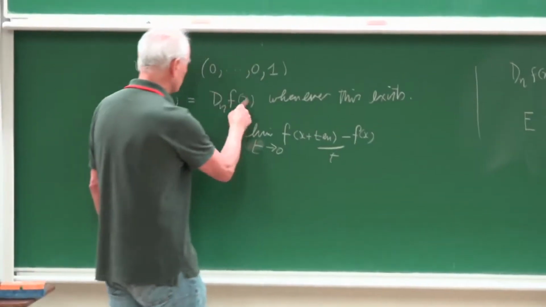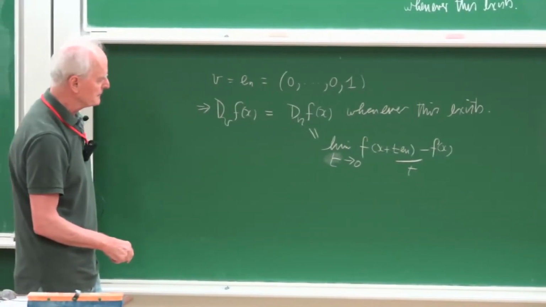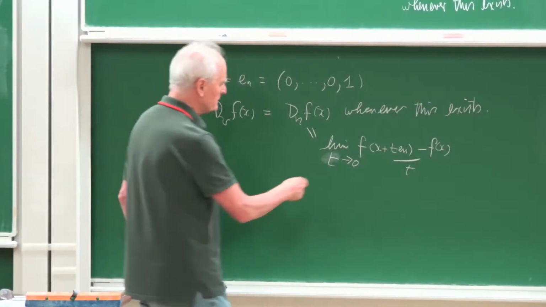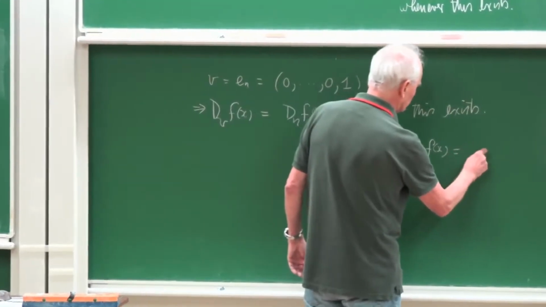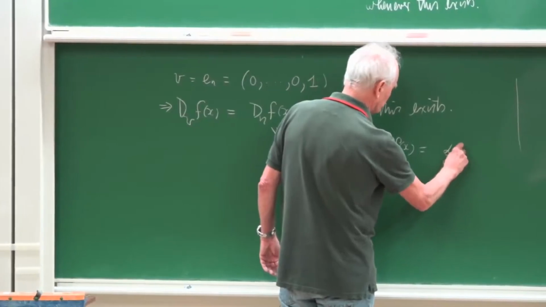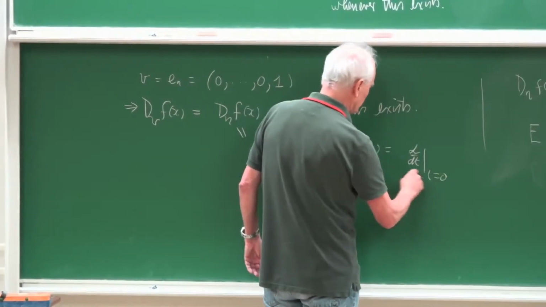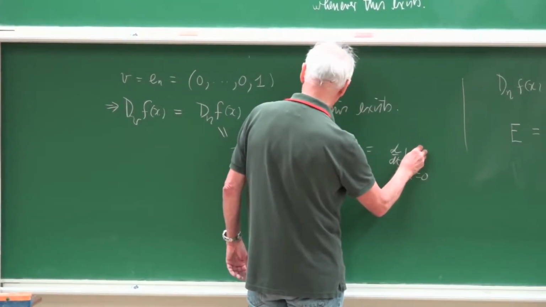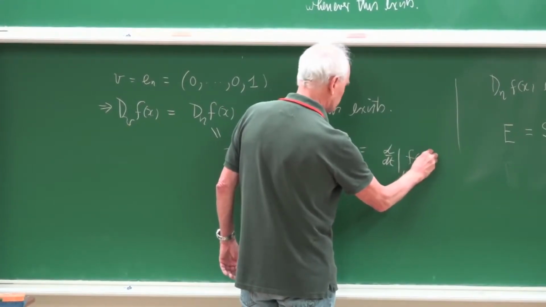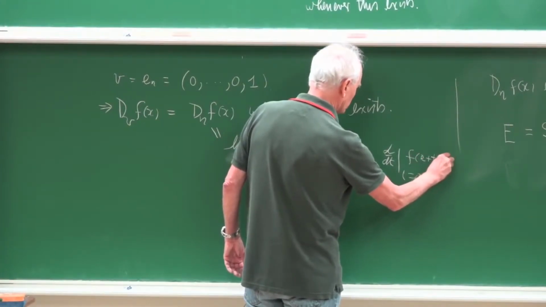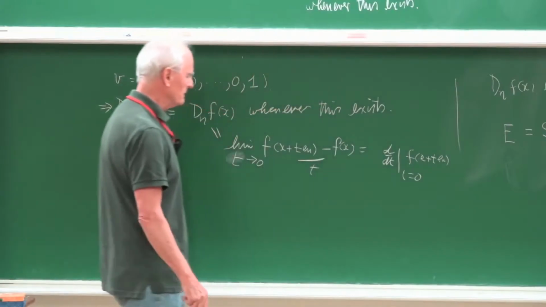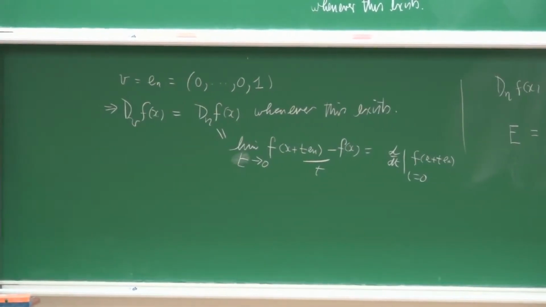That's what this is whenever it exists, at least. Now, notice that, as I said, this is d/dt. Whenever it exists, it's exactly the same as d/dt of f(x + t e_n), evaluated at t equals 0. So exactly the same thing.